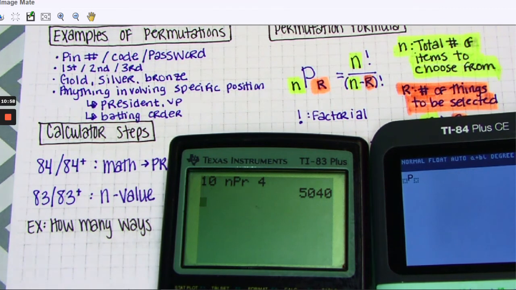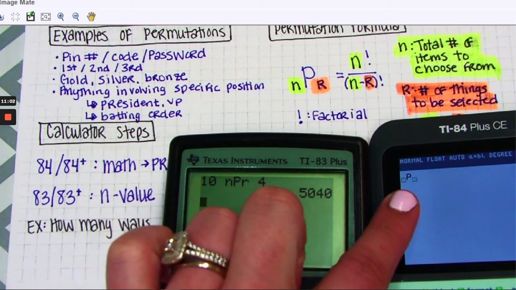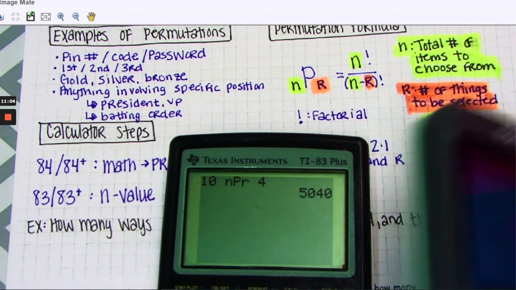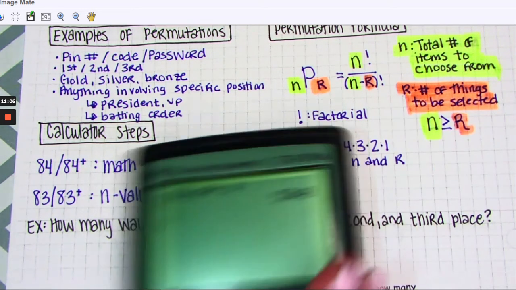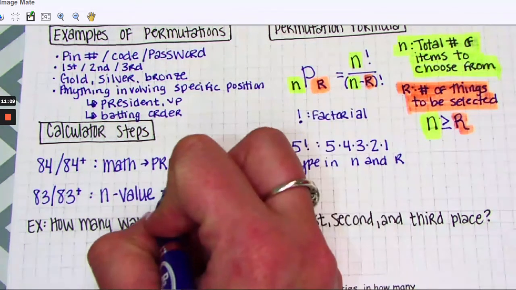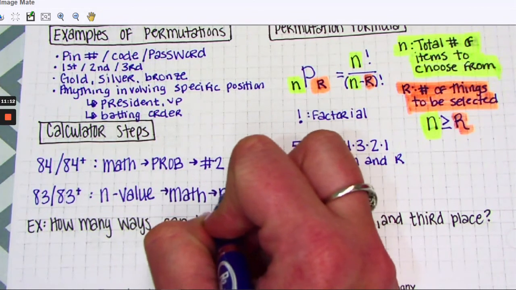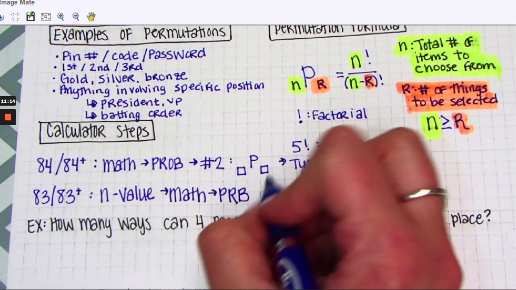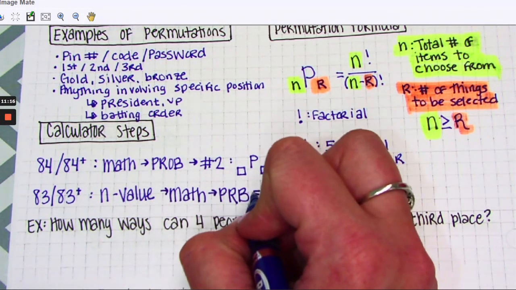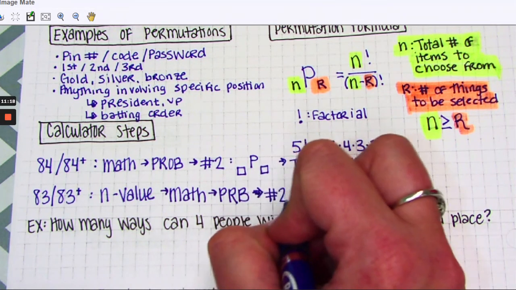On the newer calculators, you actually will type those numbers in, versus the old ones, where it'll still say N and R. So you type the N value, go to math, probability on the older calculators, or PRB. You're still going to pick option number 2, which looks like this.